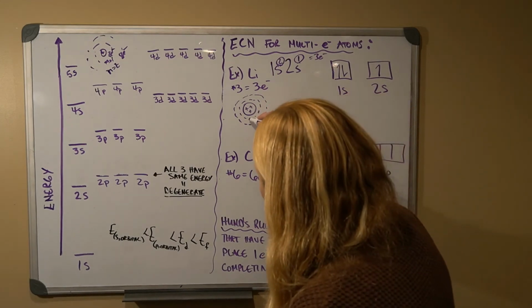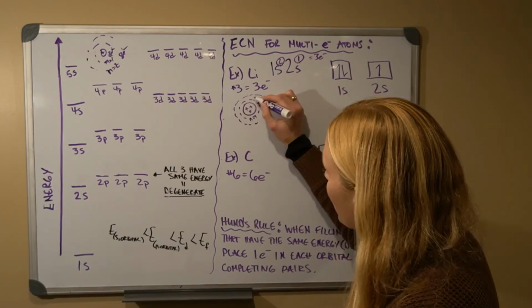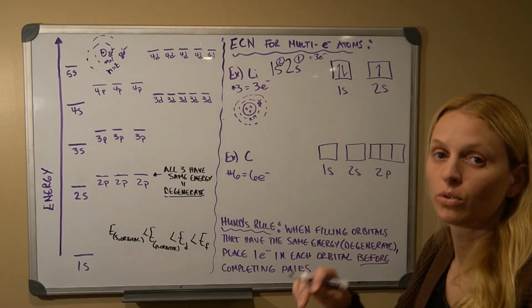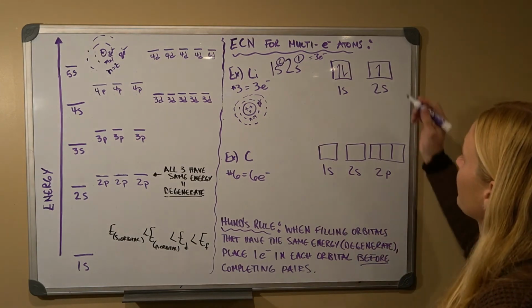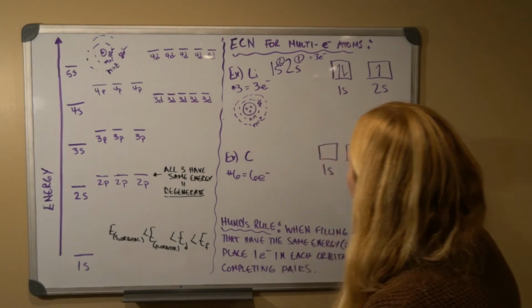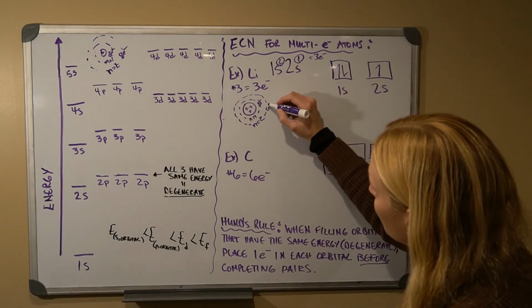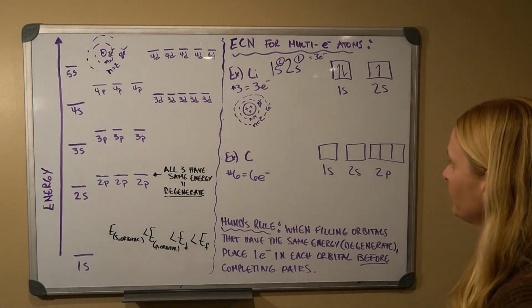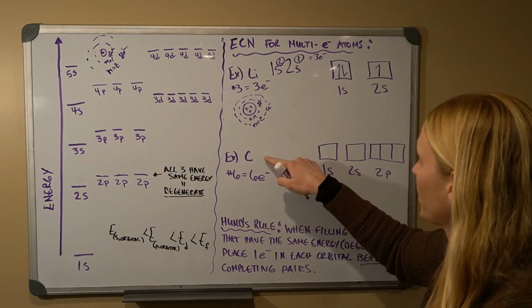So in n equals 1, there are 2 electrons flying around in that s shape for the probability of where you would find them. In the second energy level there's also an s distribution, and there's just 1 electron out there.